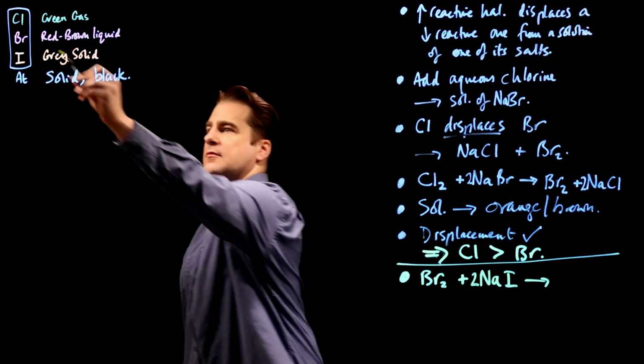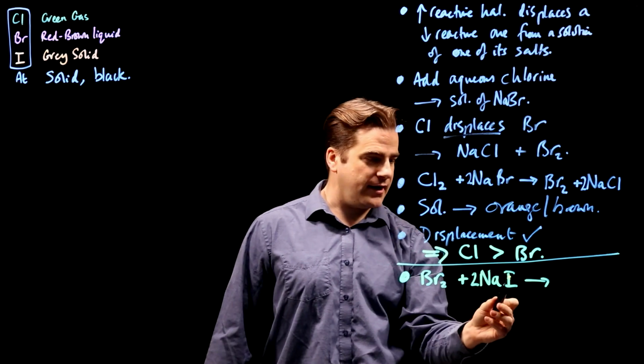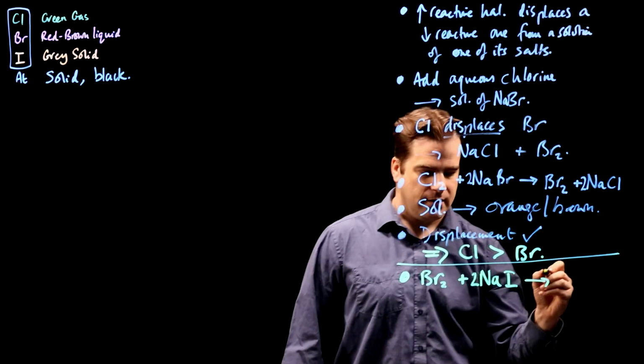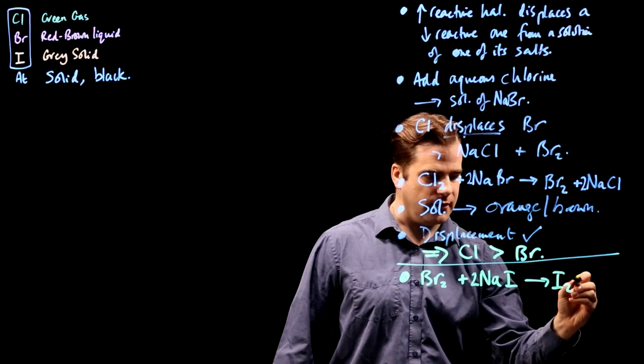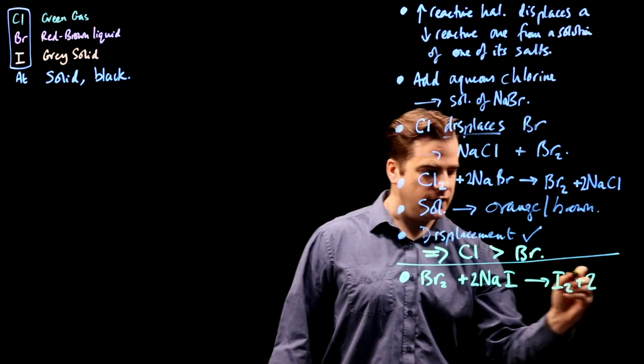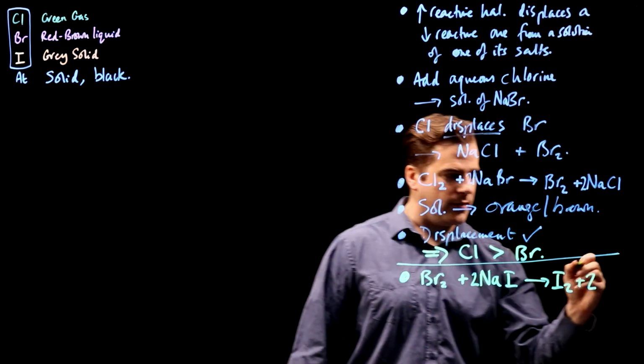The bromine is more reactive than the iodine, so the bromine kicks out the iodine, and you would get I2, pure iodine, and 2 sodium bromides.